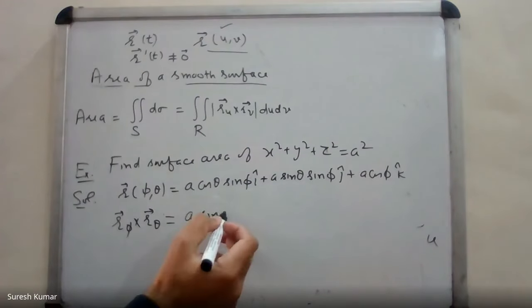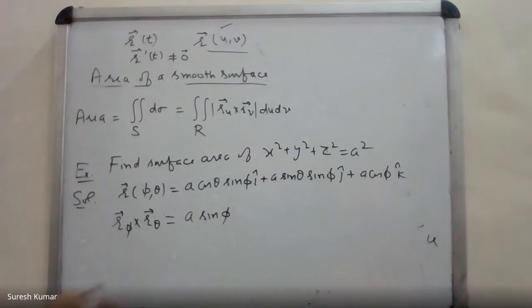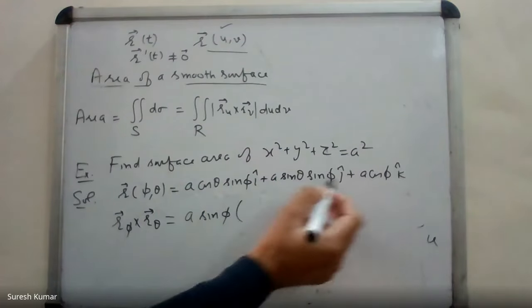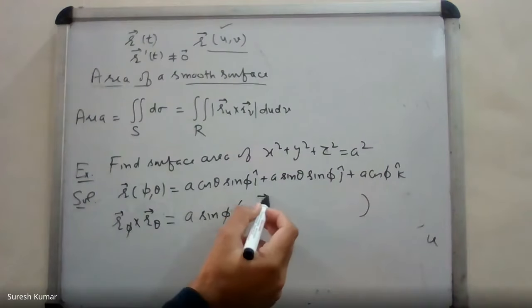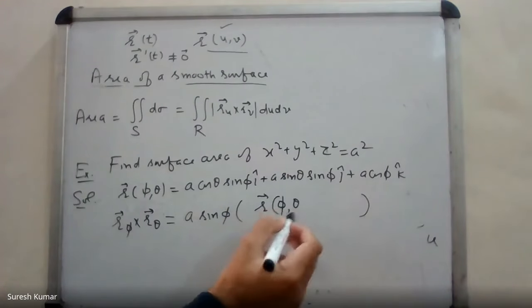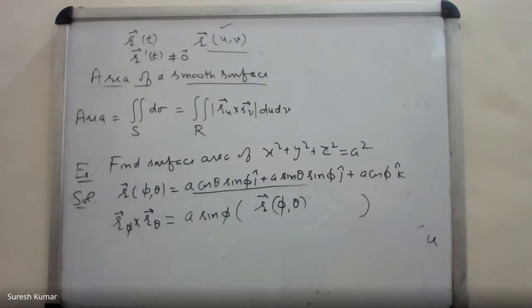Multiply this whole thing by a sin phi. This whole expression means R phi theta. Multiply this whole thing by R phi theta. That is your R phi cross R theta. You can check it.